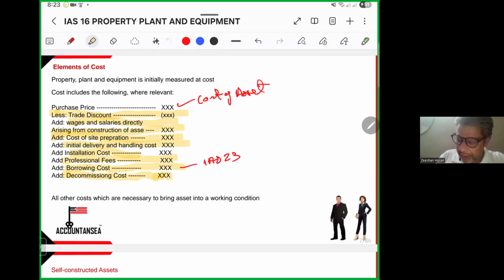Now, what is dismantling cost? For example, here's a guy who goes to a piece of land for the work of mining.